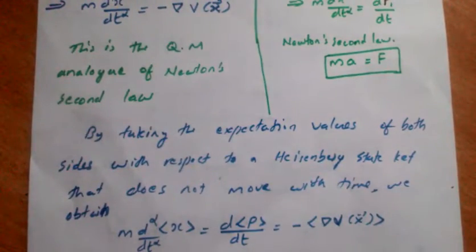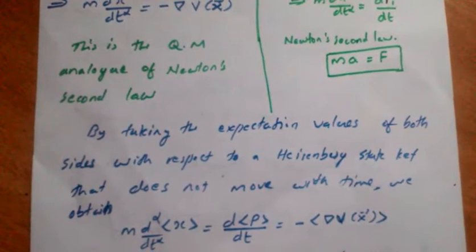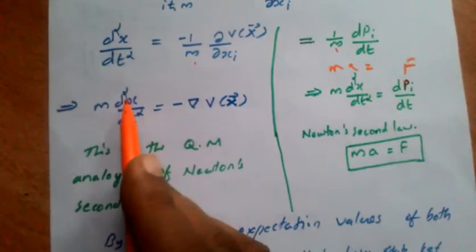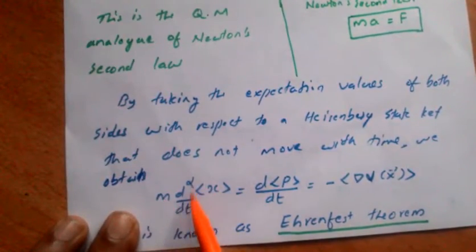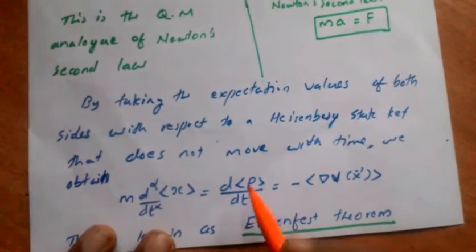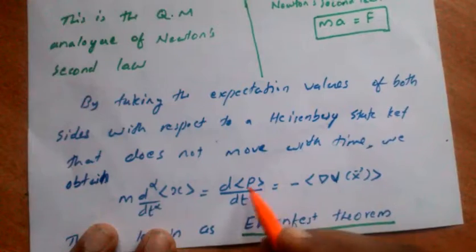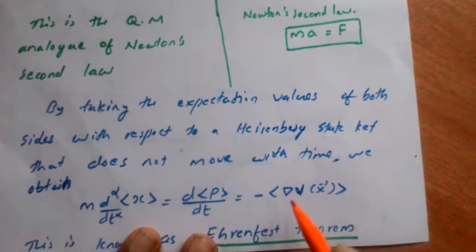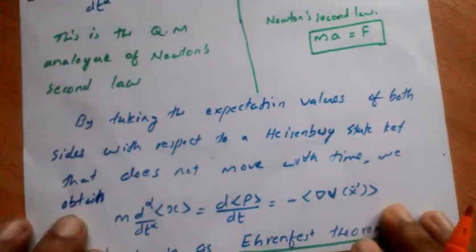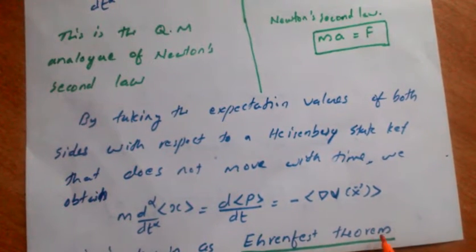By taking the expectation values of both sides with respect to a Heisenberg state ket that does not move with time, we obtain m d²/dt² of the expectation value of x, equal to d/dt of the expectation value of p, equal to minus the expectation value of ∇V(x). This is known as the Ehrenfest theorem.